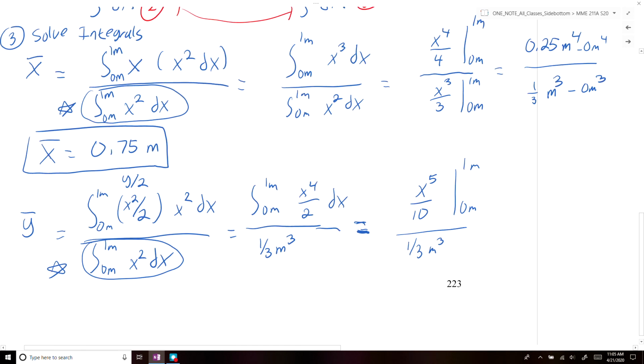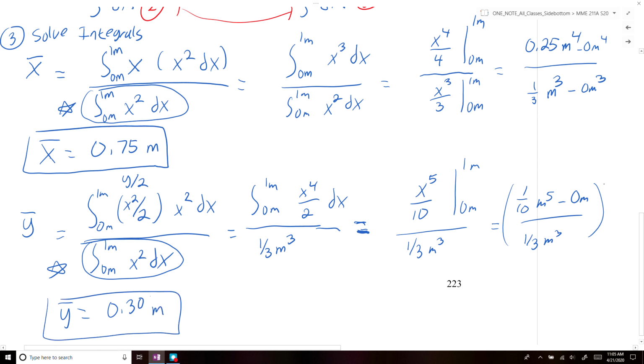And then if we plugged all this in, this would end up just being 1/10 meters to the 5th minus 0 meters, over 1/3 meters cubed. And then we know y bar from that would be equal to 0.30 meters. If you notice here that you should get meters squared, the reason we get meters squared is because we have y equal to x squared, so it gives us an extra meter.